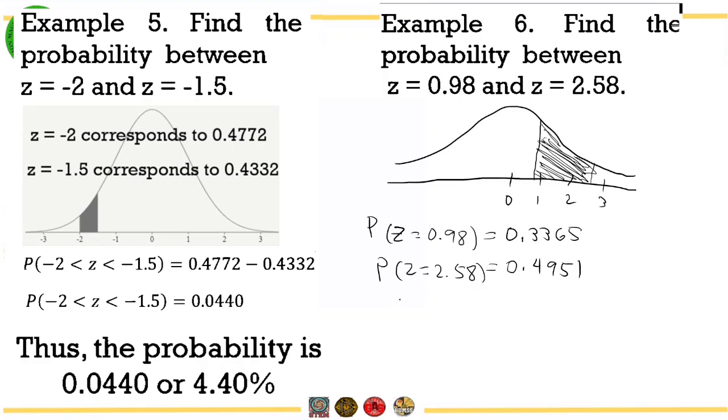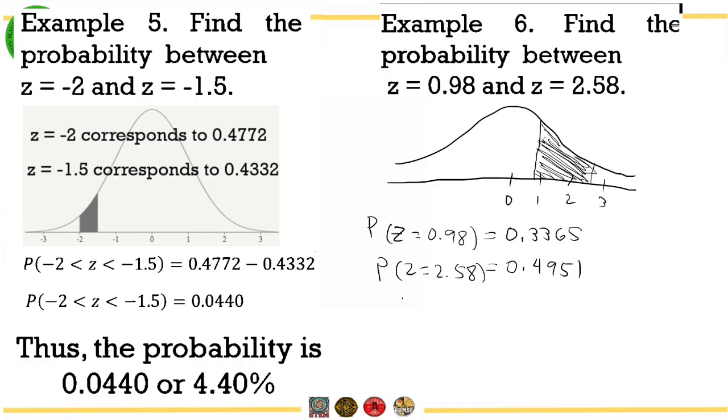So the rule of thumb in getting the area between two z values: if they exist on the same side, both positive or both negative, we will subtract, so the two areas will be subtracted.